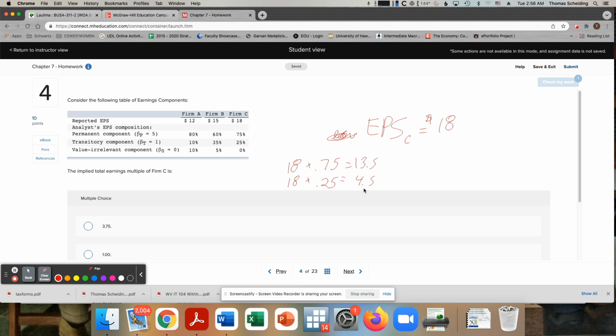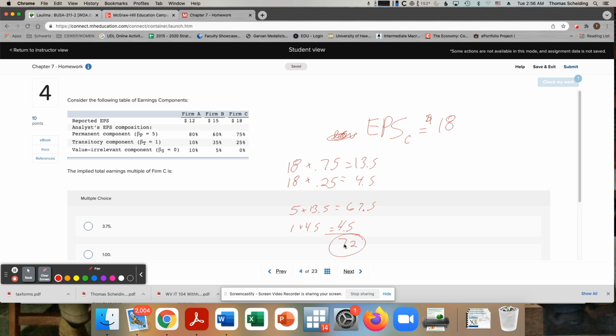But then what we also need to do is multiply these by the beta factors for each of these. So that 5 times 13.5 is 67.5. And then 1 times 4.5 is obviously 4.5.